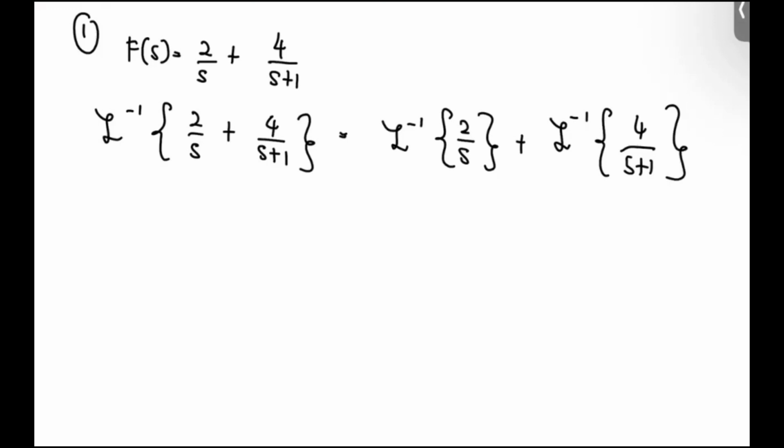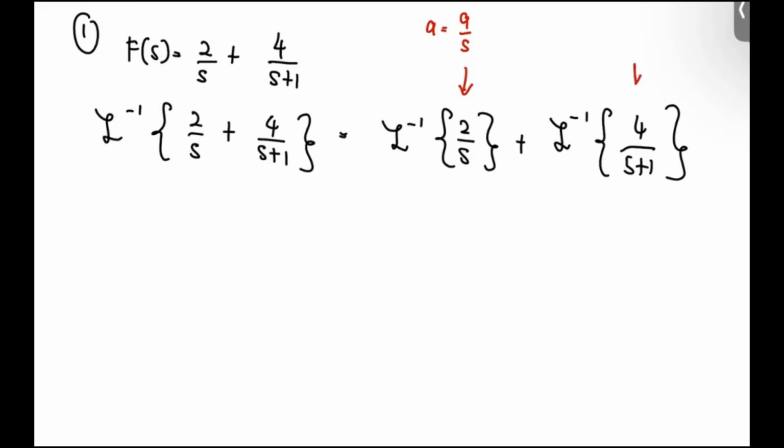And then this 2 is a constant, because if you look at a Laplace table, this one actually you can find from the Laplace table. We have f(t) equal to a, F(s) equal to a over s.